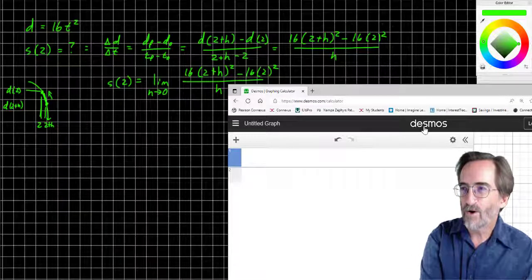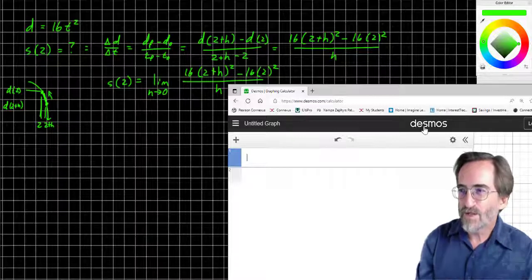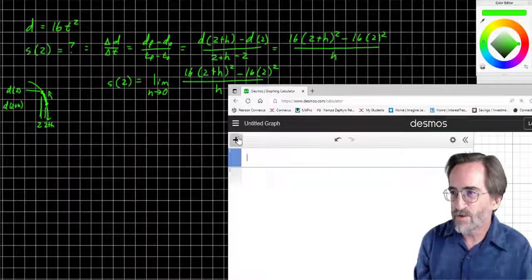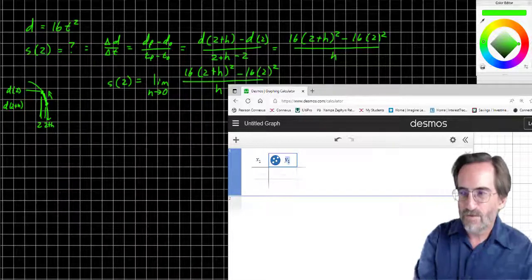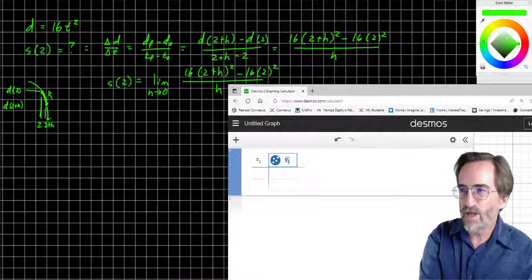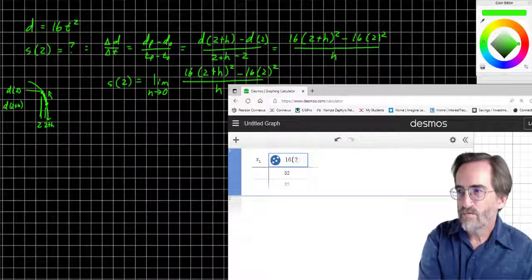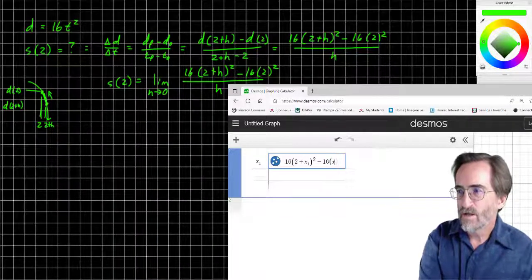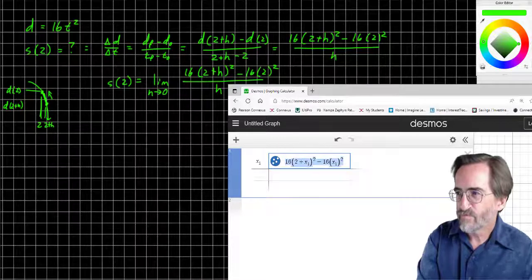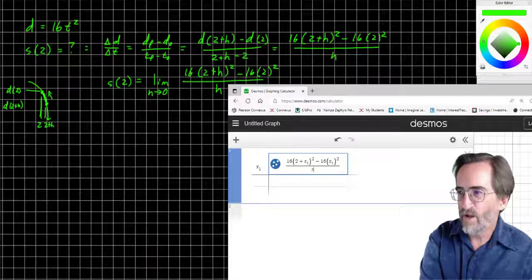All right. So here we go. Let's do a table. I'm going to enter a table. You can do this on your TI-84 graphing calculator too, using the table feature. Enter a formula. To enter a formula in Desmos, I'm going to use x1 as my variable, not h: 16 times 2 plus x1 squared minus 16 times 2 squared, all over x1.